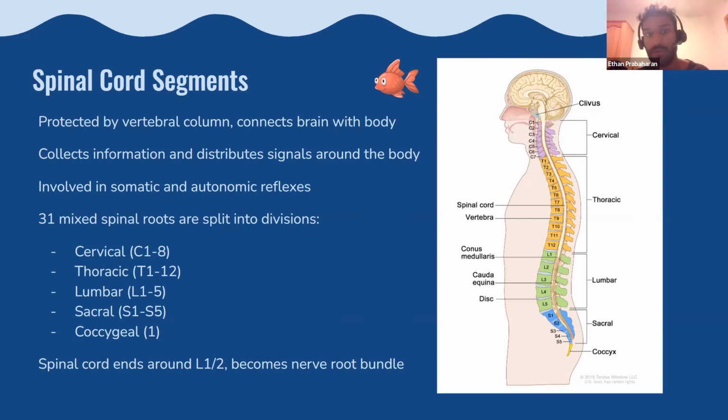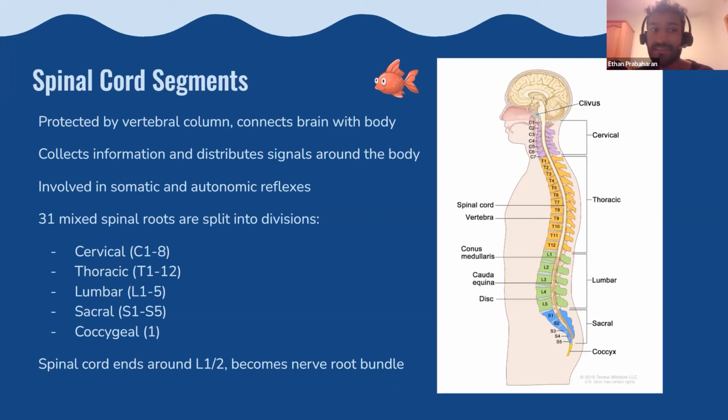An example of an autonomic reflex is when you eat food, your stomach expands, that sends signals and activates some digestive processes. So we can have both voluntary and involuntary, or somatic and autonomic reflexes. The spinal cord divisions are split into cervical, thoracic, lumbar, sacral, and coccygeal. Really, the first four are the ones you see quite a lot of.